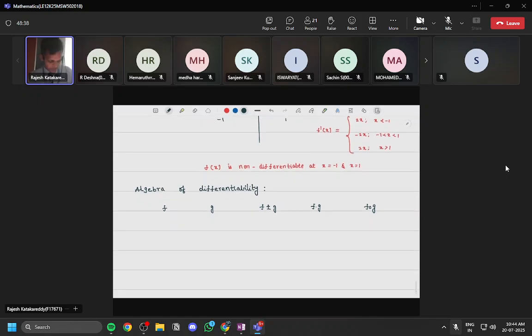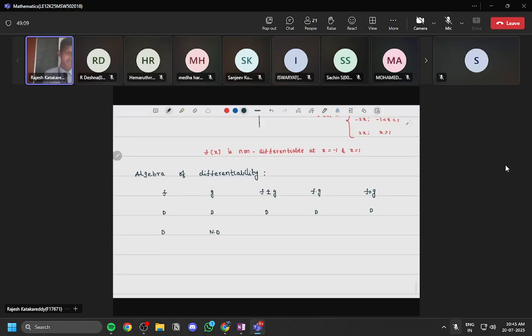When two functions are differentiable, you add, subtract, multiply, divide, take composition, we'll get differentiable. Right? So D stands for differentiability. We are talking at a point here. D, D, and if at least one of them is non-differentiable, then D and N, where N stands for non-differentiable, and I'll use N for need to verify.